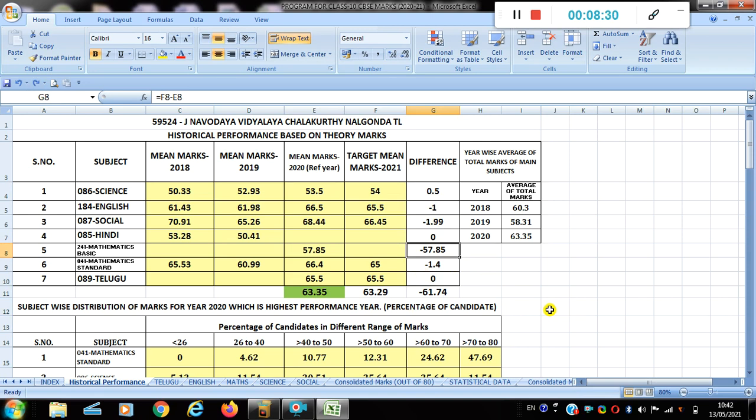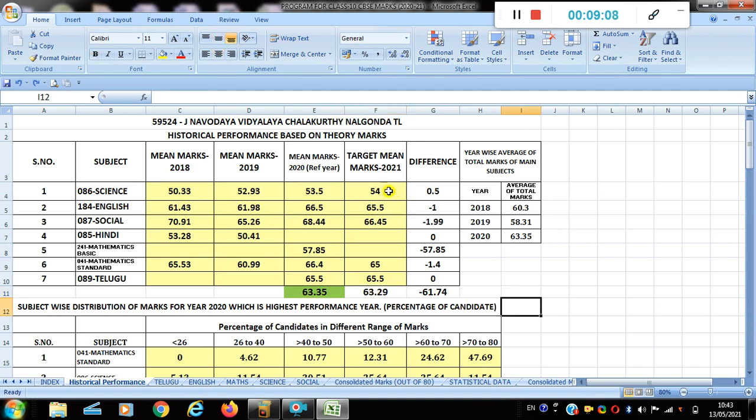Friends, up to here, just once again the important point I would like to highlight. See, in the green cell, you please fill the reference year's school average 63.35 manually, and here if you have mathematics basics you can fill it, but make sure that all these subject averages together, if you consider, then the school average must be less than that of the reference year average.